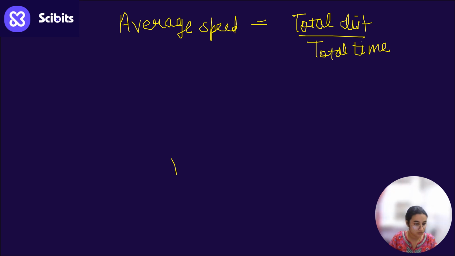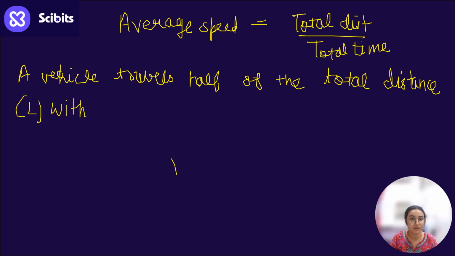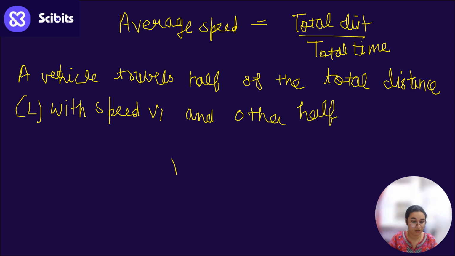So a vehicle travels half of the total distance L with speed v1, and the other half with speed v2.